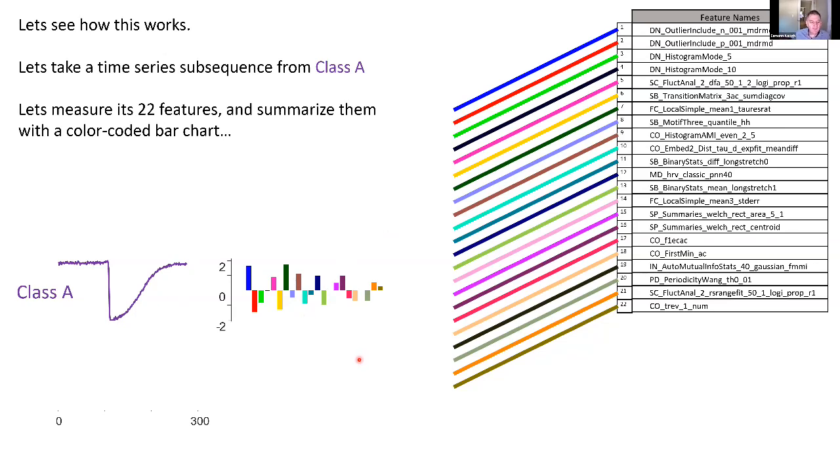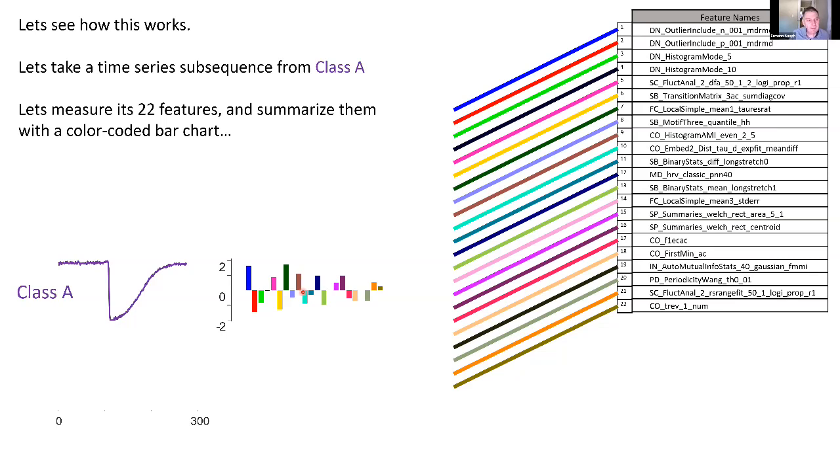You can think of this colorful bar chart as being like a signature or a fingerprint for the class A behavior. And the hope is that if we encounter the class A behavior going forward, it'll have a similar fingerprint and we can recognize it, for example, by computing Euclidean distance between this signature and the ongoing signatures.